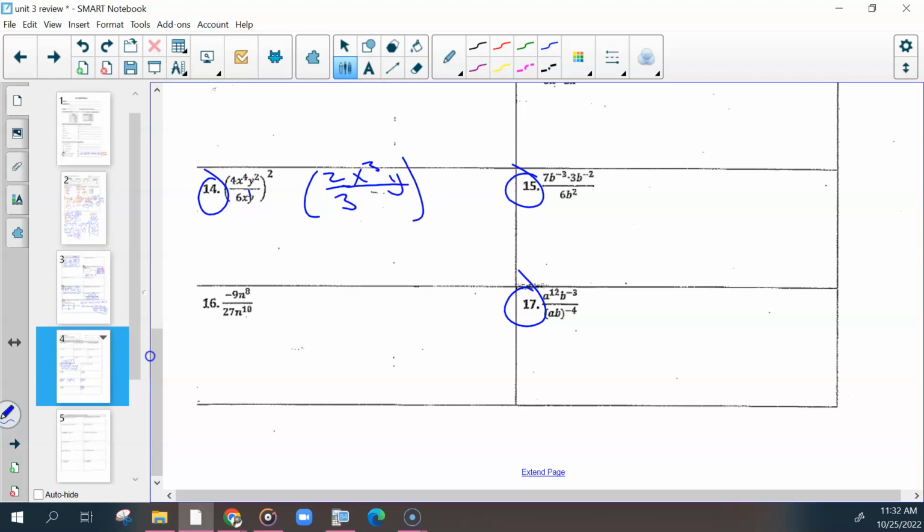Those are both positive exponents, so those would both stay in your numerator. And then you would apply the exponent to everything. So we have 2 squared, x to the 6, y squared over 3 squared. Or 4x to the 6, y squared all over 9.